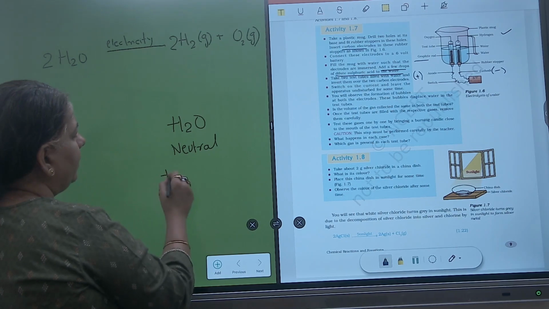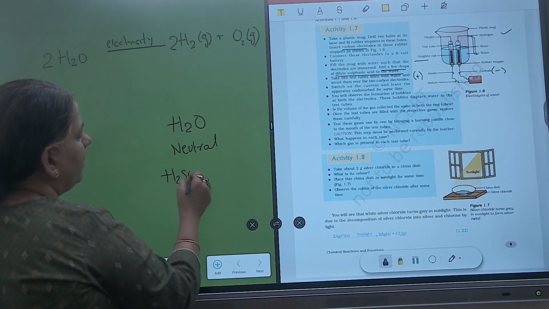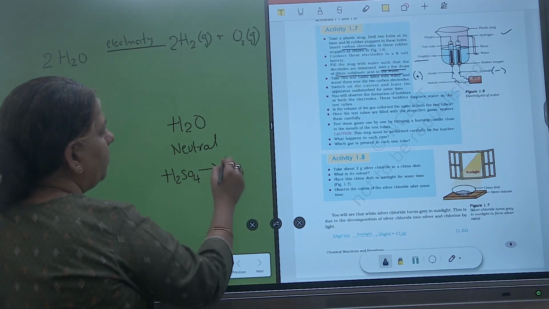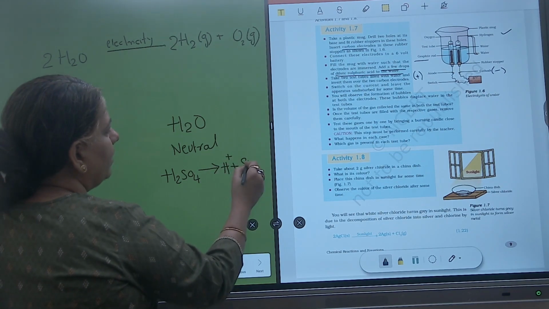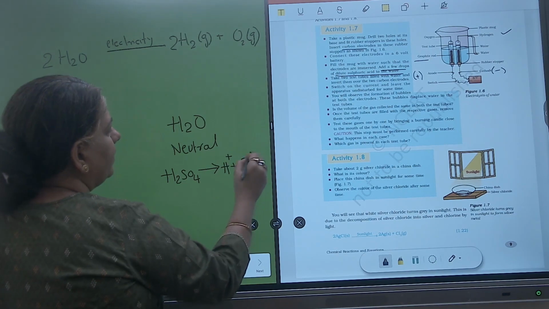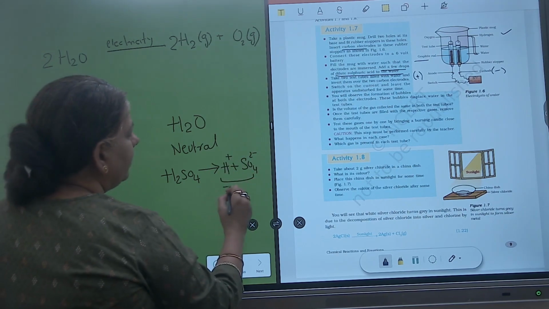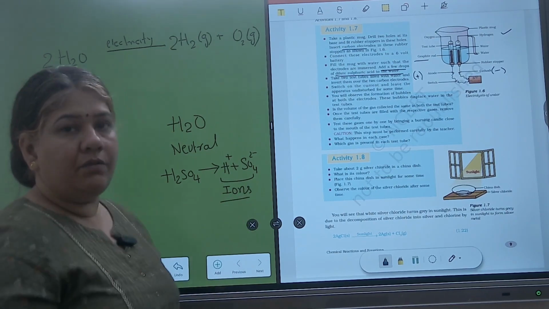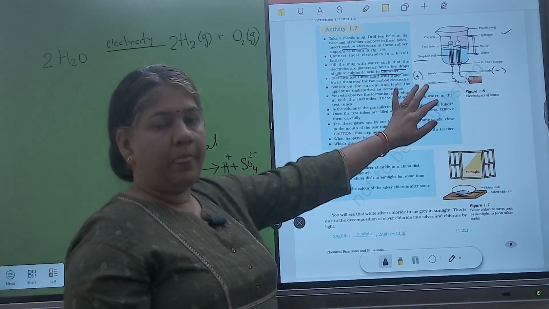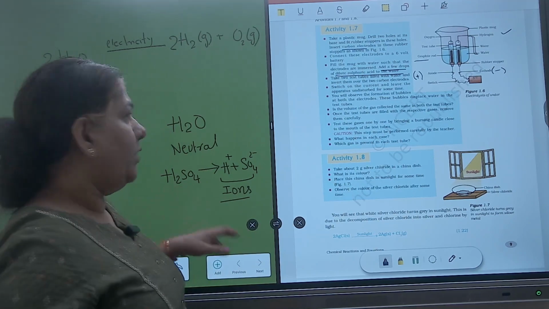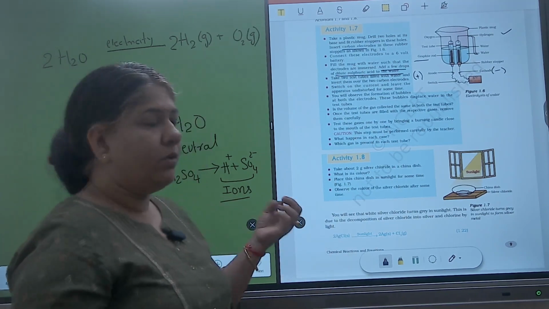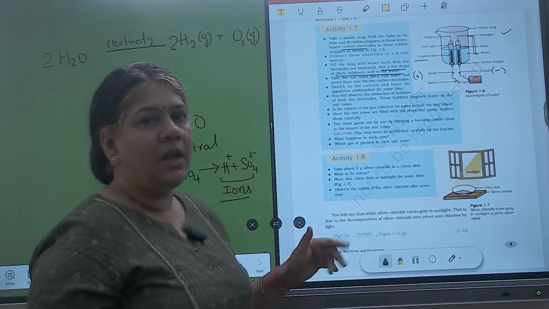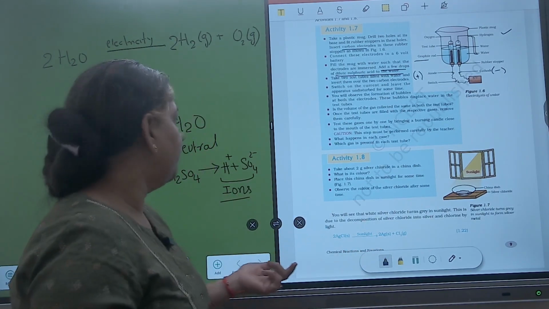So sulfuric acid is added. The moment sulfuric acid is added to water, it ionizes to form H positive and SO4 2 negative sulfate ions. So presence of ions help in conduction of electricity. This is the reason we add few drops of acid, because sulfuric acid will ionize very quickly to give ions, and these are charged particles and charged particles are carrier of electricity.